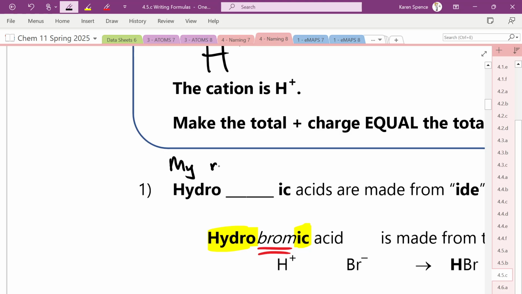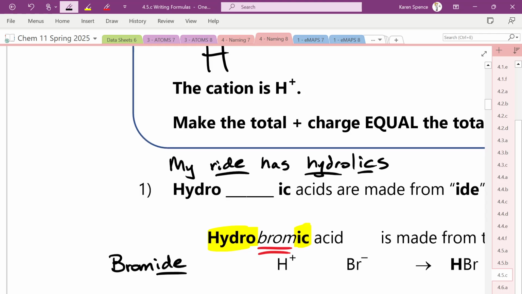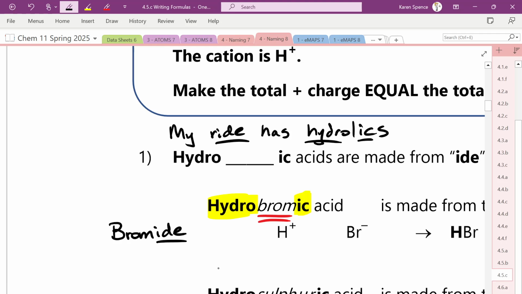My ride has hydraulics. So you're like, okay, that must be bromide because I've got the hydro-ic. Yes? Bromide is Br minus. I know that my positive ion is H plus. So the formula for that is going to be HBr.